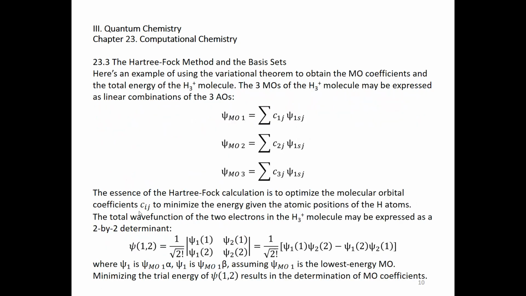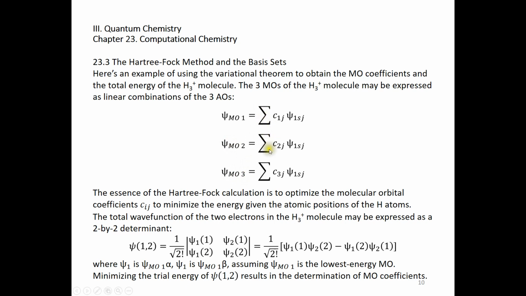How do we determine the molecular orbital coefficients when we calculate the energy of a molecule? Well, in this H3+ molecule, which we use as example here, there are 3 MOs because we start with 3 AOs, 1 AO from each hydrogen. And the 3 MOs are denoted by psi of MO1, psi of MO2, and psi of MO3.